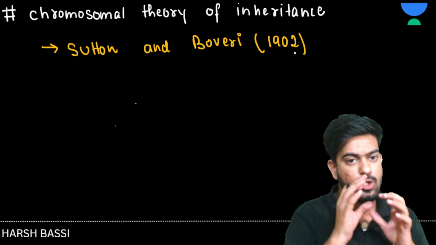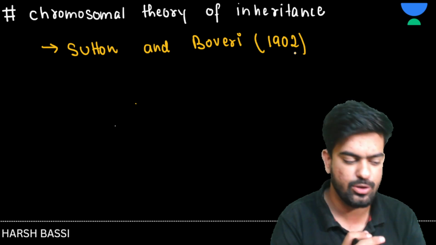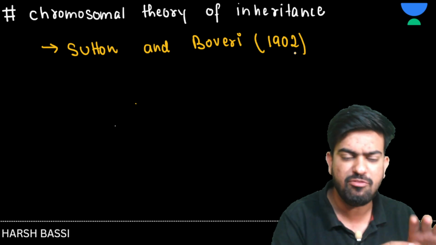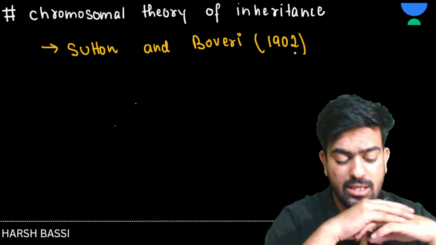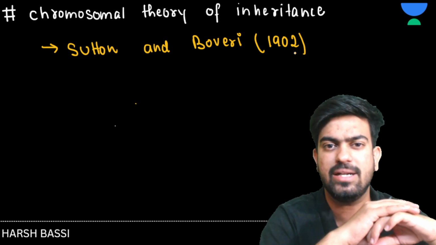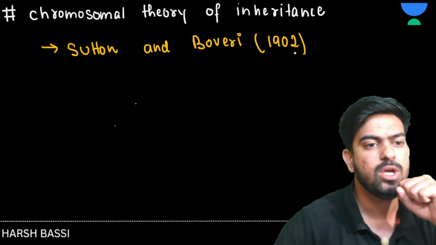So Sutton and Boveri gave the chromosomal theory of inheritance. See what they have done. They made a comparison between Mendel's experiments, Mendel's conclusions, Mendel's factors or genes, and the chromosomes.